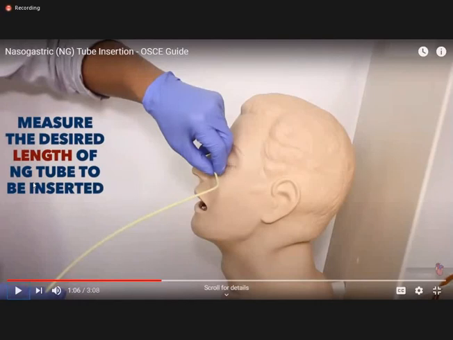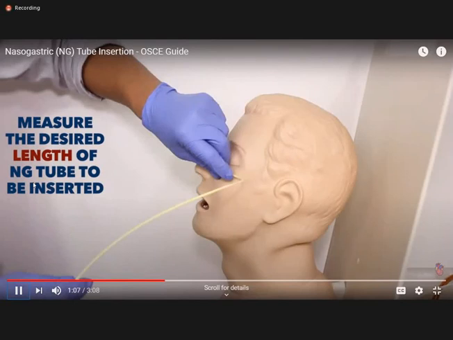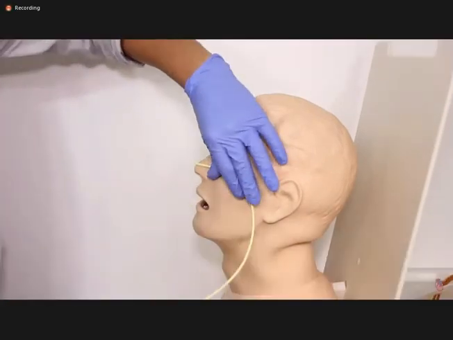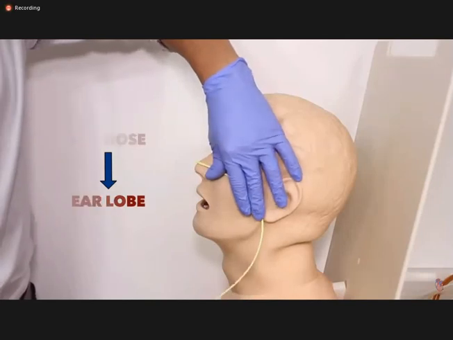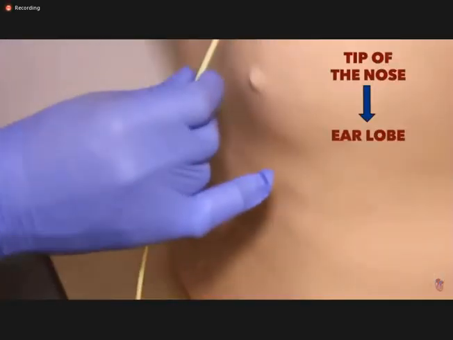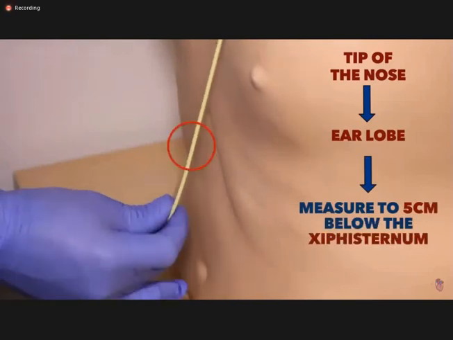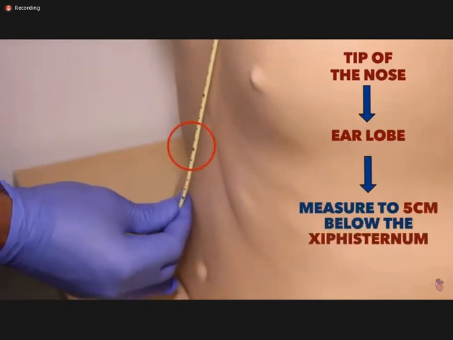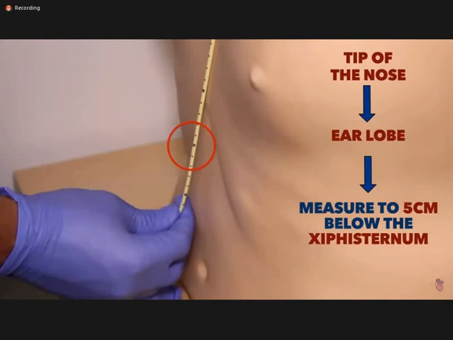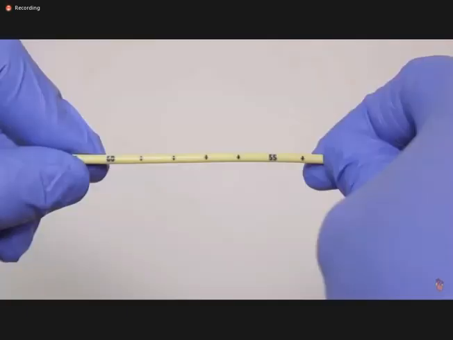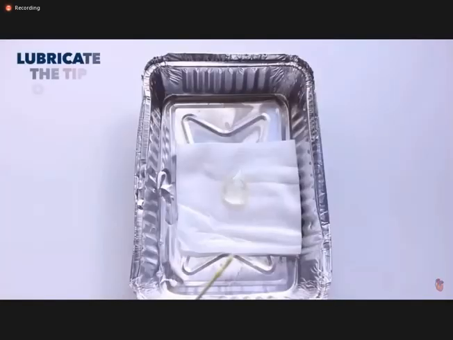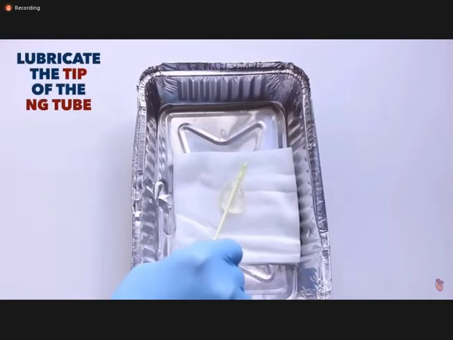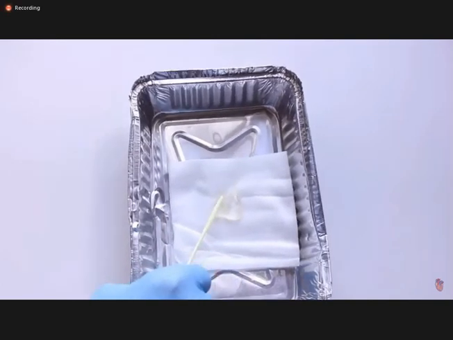Measure the desired length of the NG tube to be inserted from the tip of the nose to the earlobe, and earlobe to the xiphisternum. Note the length and lubricate the tip of the NG tube.